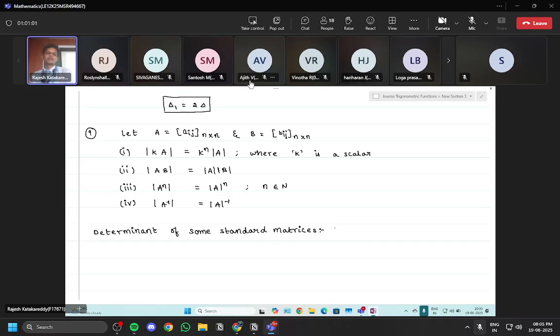Starting with the triangular matrix. Statement 1 is about triangular matrices. Please write the statement.